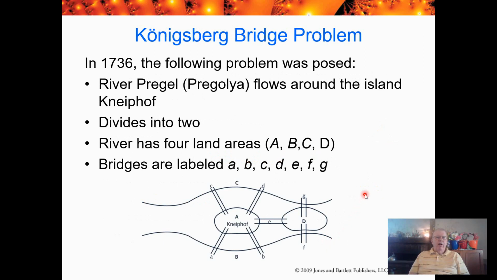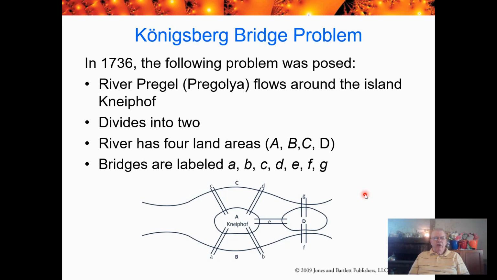So where did graph theory come from? Well, there was a guy, Leonhard Euler, a mathematician, who apparently had nothing better to do, so he posed the following problem.